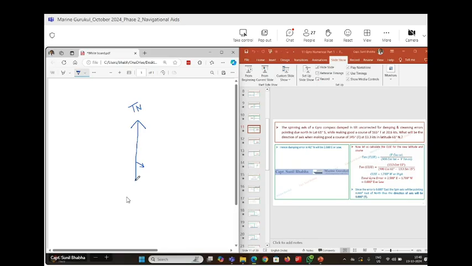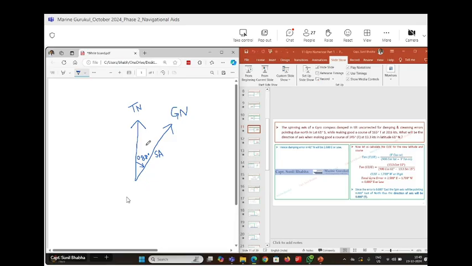So the spin axis is in this direction, and this is what we call the gyro north. You can call it gyro north also, and this is basically the spin axis. This is the spin axis, beta. Now since it is 0.880 east of north, the direction of the spin axis will be 0.880 true.